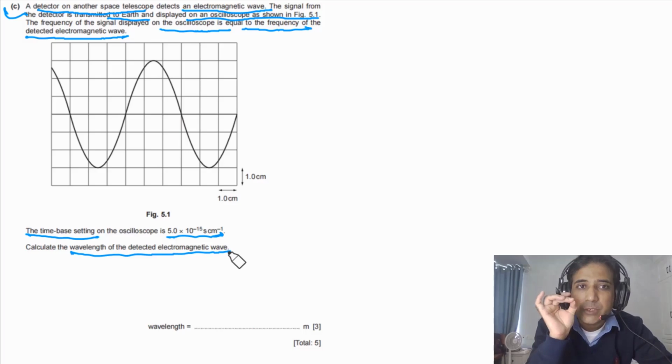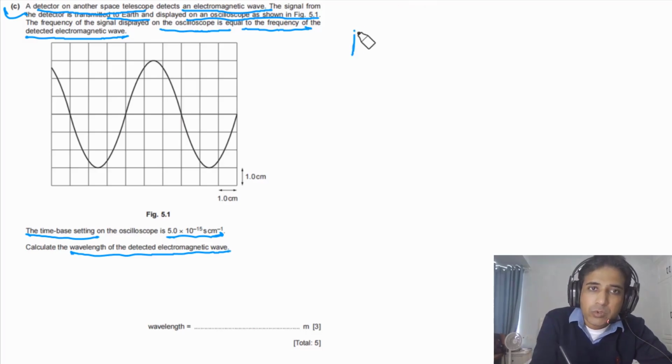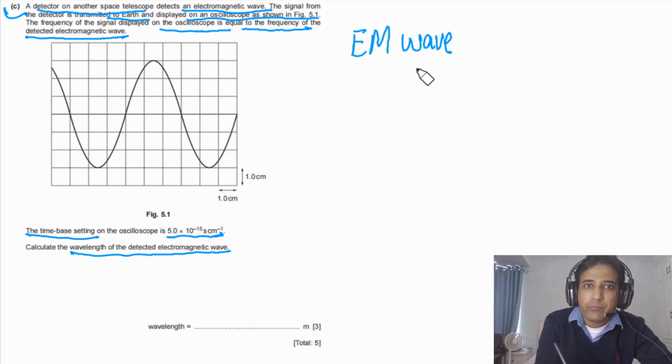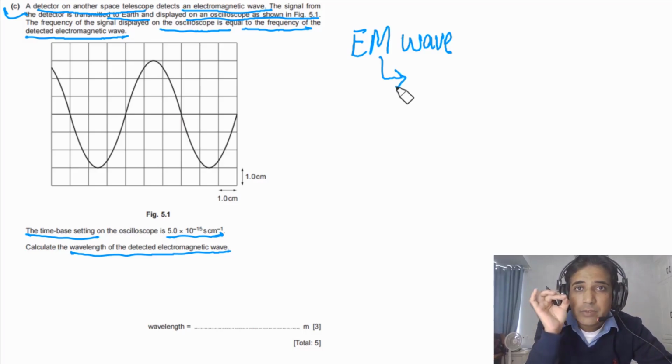So first thing we need to understand, in this case we are talking about an EM wave. Very important: EM wave means electromagnetic wave, and all electromagnetic waves travel at the speed of light in vacuum and also very close to the speed of light in air.